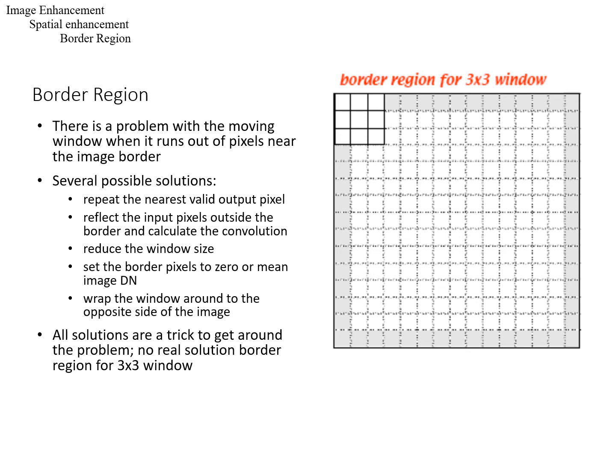You can just repeat the nearest valid output pixel. So for the pixels beyond the edge, you bring in the nearest valid pixel and put it in there. You can reflect the input pixels outside the border.